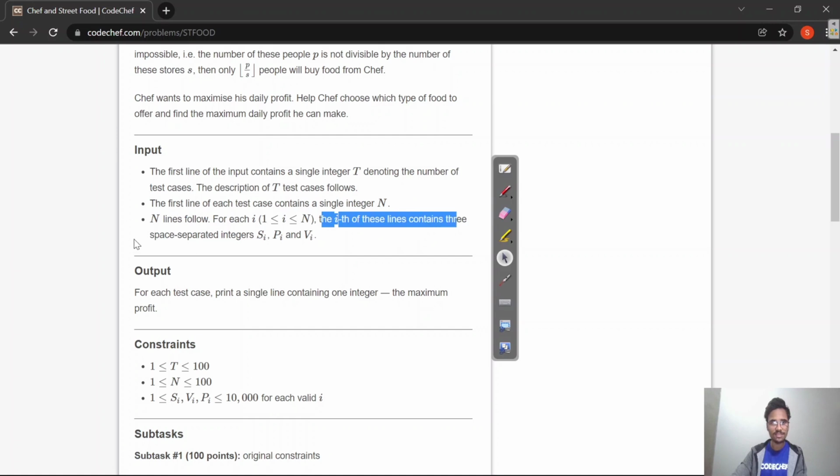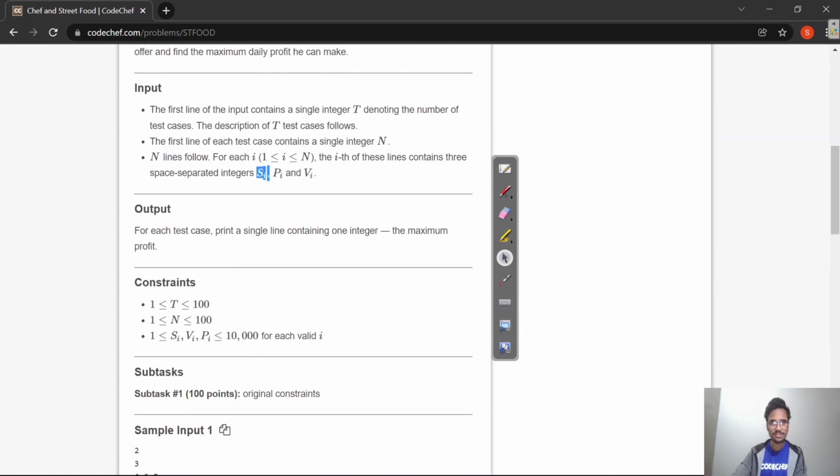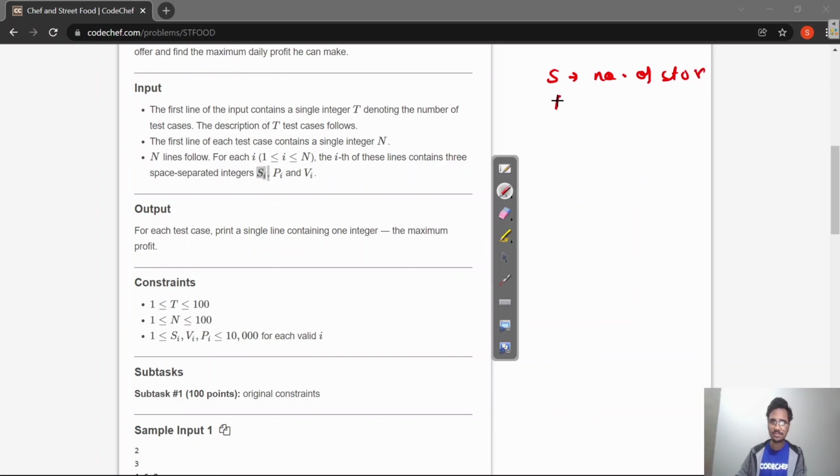The ith of these lines contains 3 space separated integers Si, Pi and Vi. S is the number of stores, Pi is how many people are visiting there, and Vi is the cost of one piece. And Chef wants to open a store.